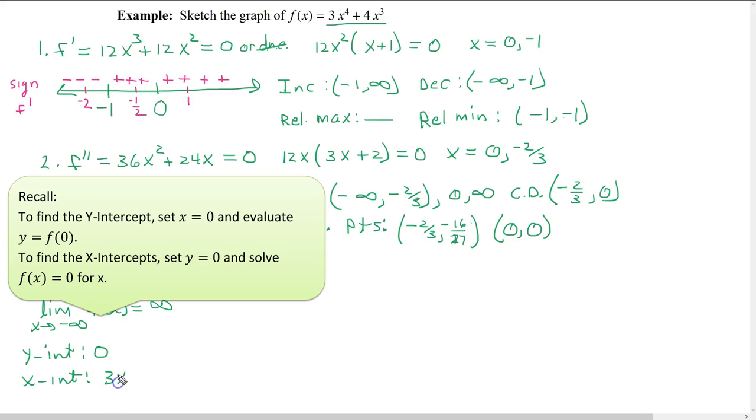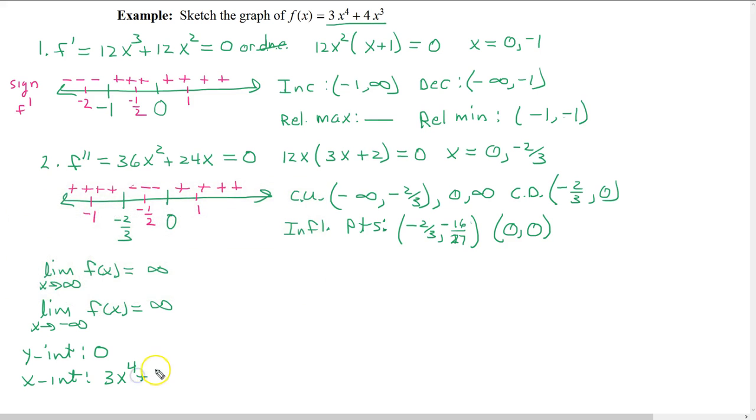So if we set 3x to the fourth plus 4x cubed equal to 0, let's first of all note that it factors, so we see that we have x-intercepts at 0, setting x cubed equal to 0, and negative 4/3.